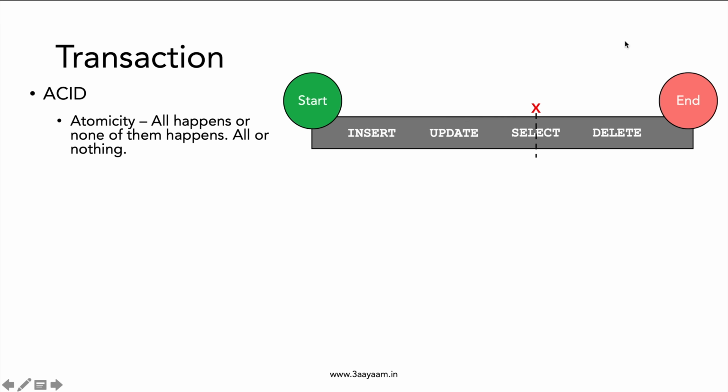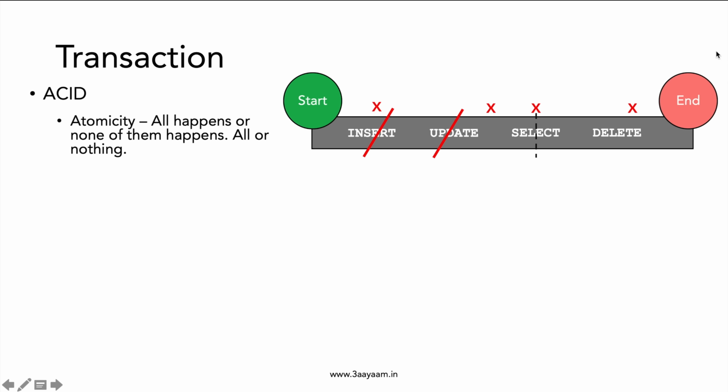As you can see, all has not happened because delete is still pending. Either it is all or nothing. So the insert and update will go away. The transaction will roll back and it will come to a state where it was before the start of the transaction. So this is what atomicity means. Either everything will happen or none will happen.